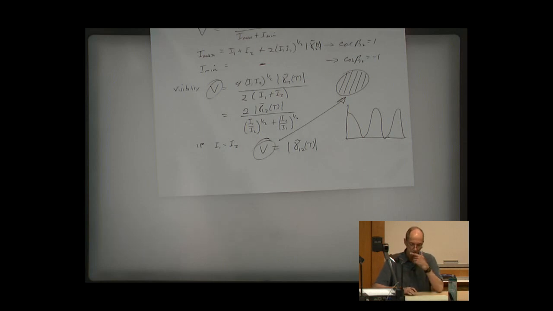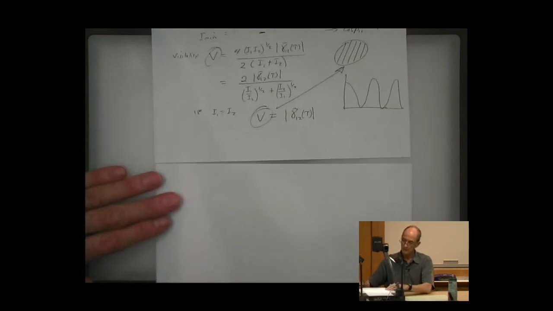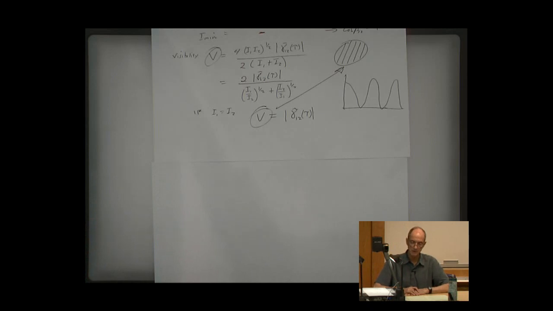Now, one other thing as well. Let's go back and look at the definition that we have for the complex degree of coherence, and let's make it more sound in the sense of relating it to the source spectrum.